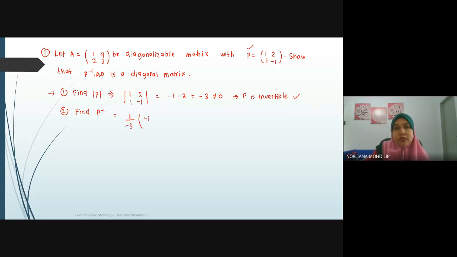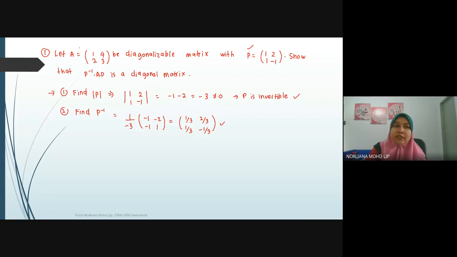So negative 1, 1, negative 2, 2. So we will get 1 over 3, 2 over 3, 2 over 3, 1 over 3. So this is the P inverse.